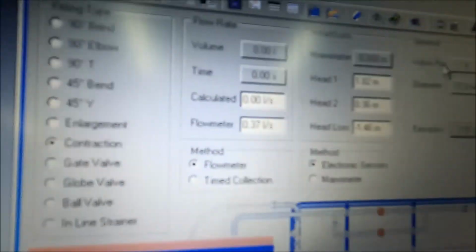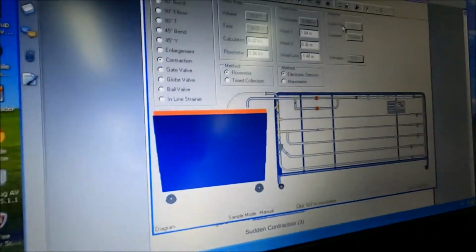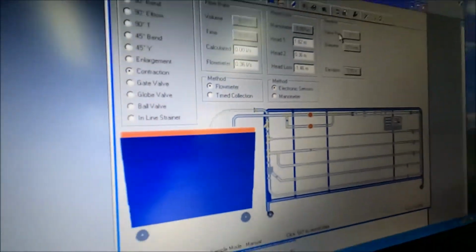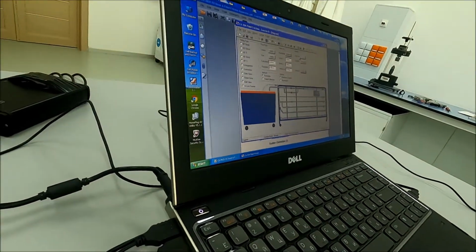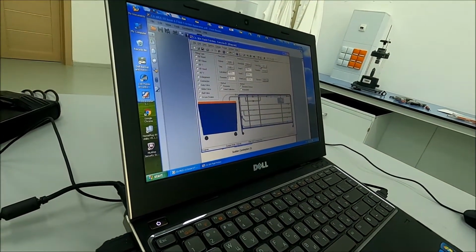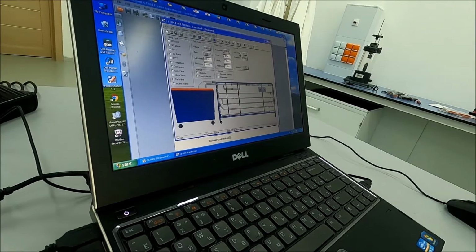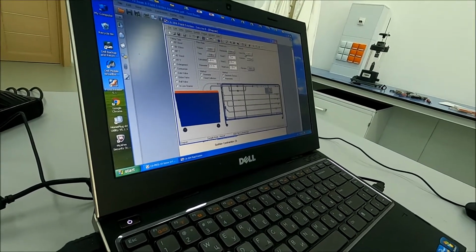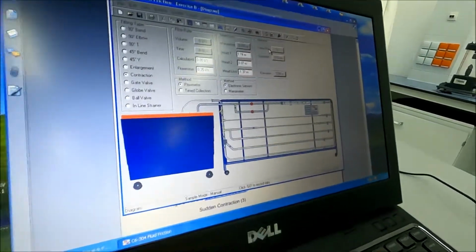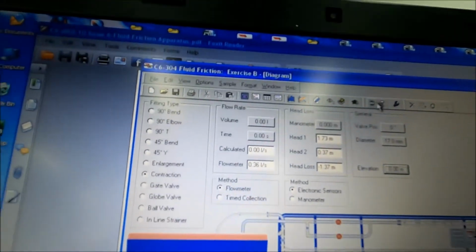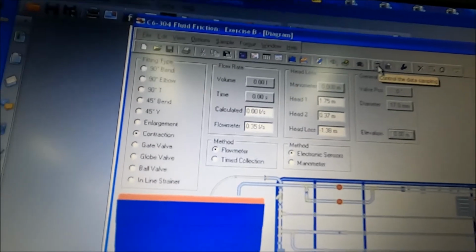Right now it's 0.37. Okay, let's slow down. Here we have 0.35, 0.36, 0.35.